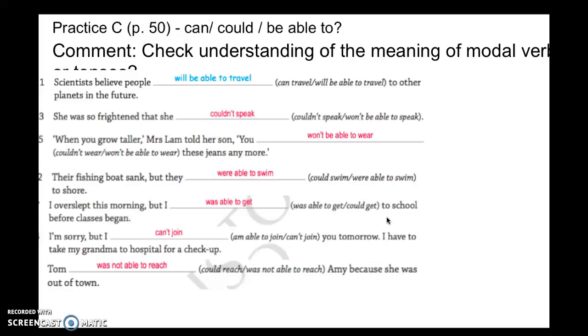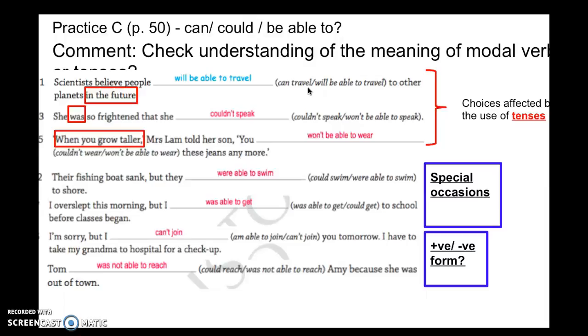So practice C is something different because it's adding another item, which is be able to. Students are asked to choose between the two options, can or be able to, in different situations.